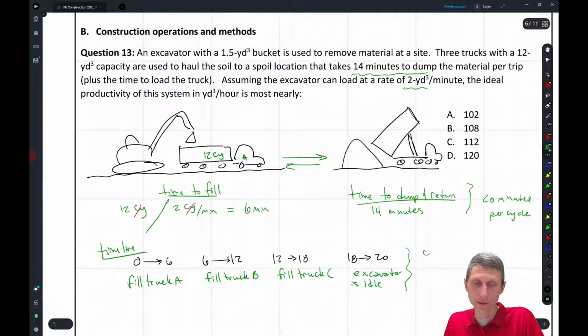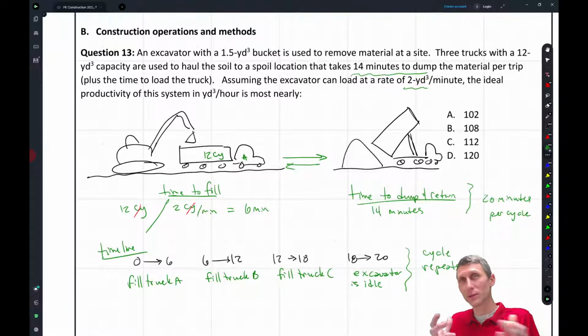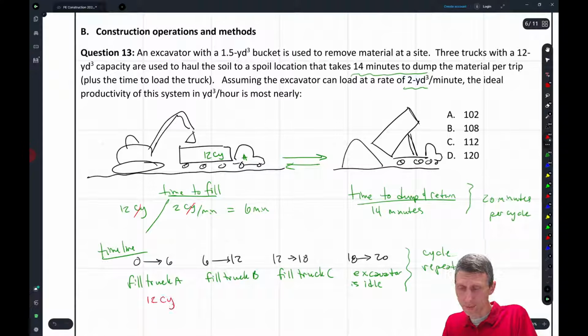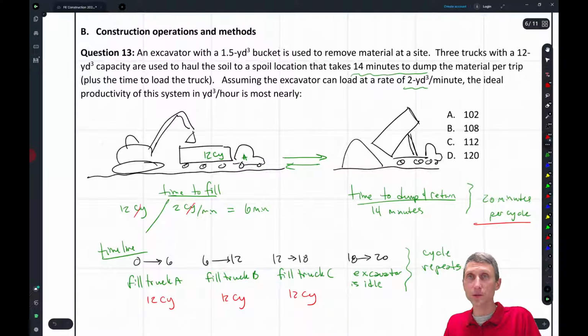Then the cycle repeats. So the idea here is how much can we do with this equipment setup in 1 hour? The most that we can do is, what do we have? We have 12 yards, 12 yards, and 12 yards. But we have to remember this is 20 minutes per cycle.